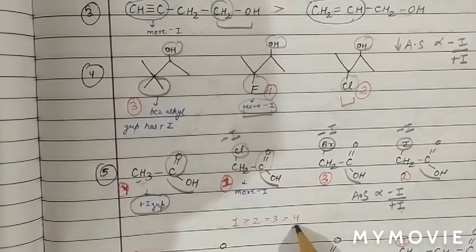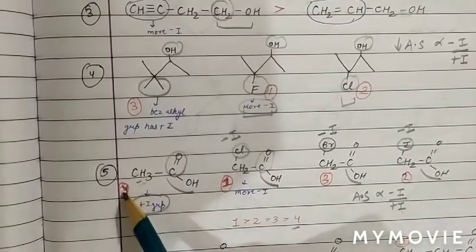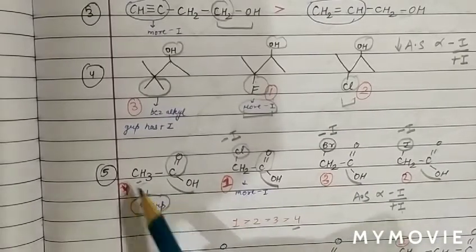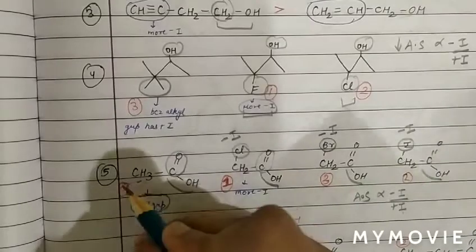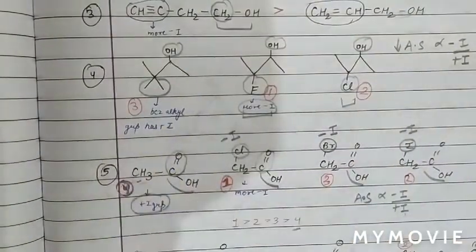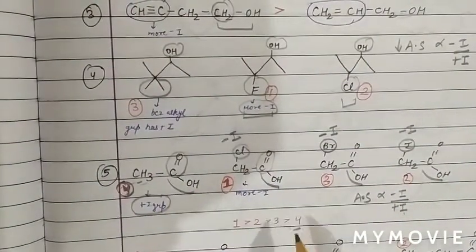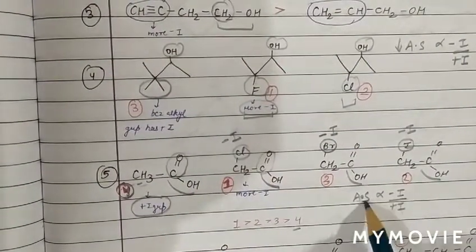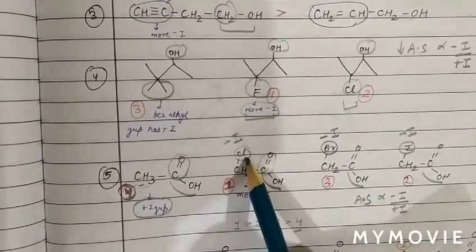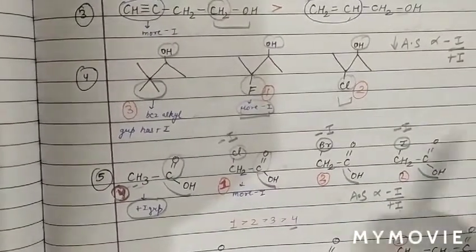So fourth number is given to this. If it is 4, then fourth is least acidic. And we know minus I increases the acidic strength. And we know the minus I power of chlorine is more because of electronegativity.